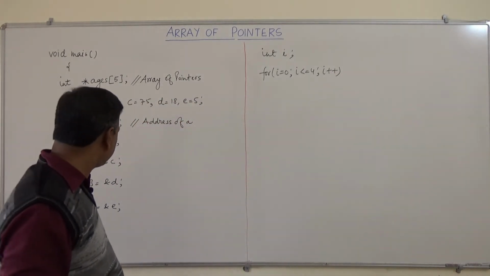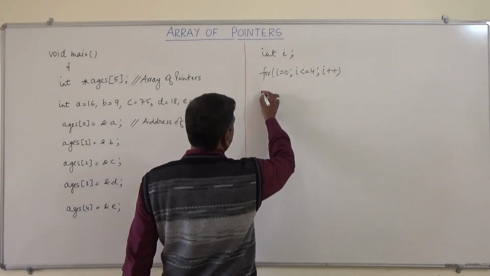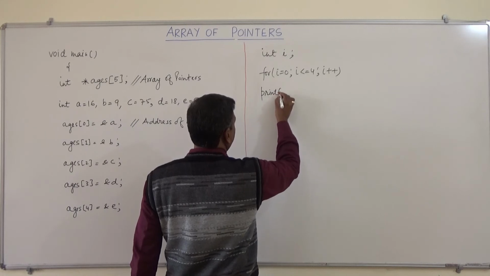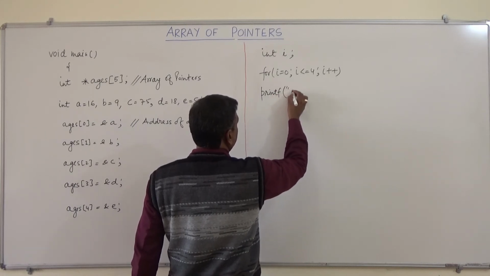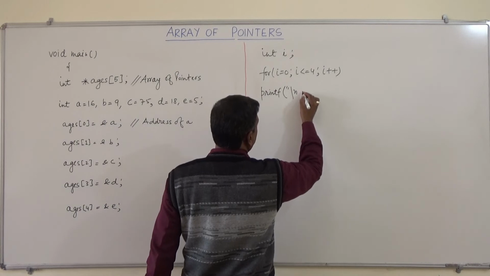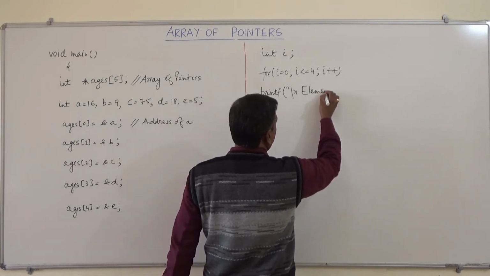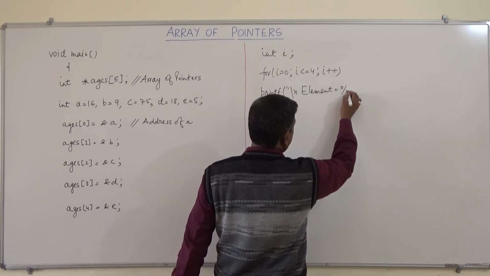Now we will print some values. So we will use the printf function. Printf with backslash n and element equals %d.